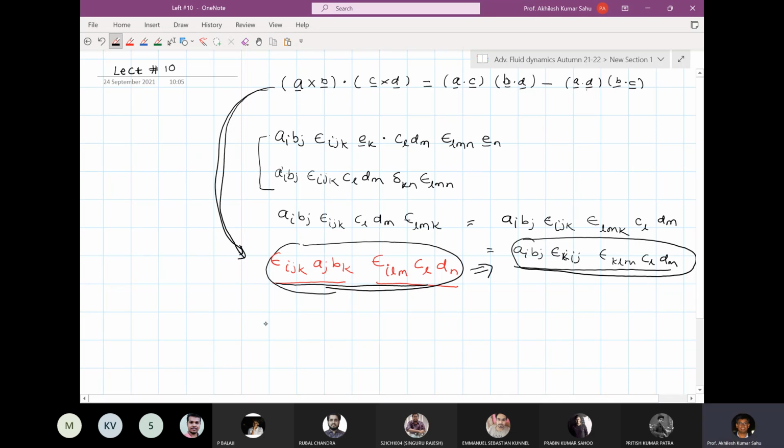Now I simplify this. So I have epsilon_ijk epsilon_ilm, right?